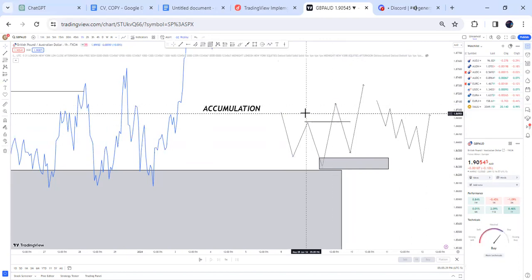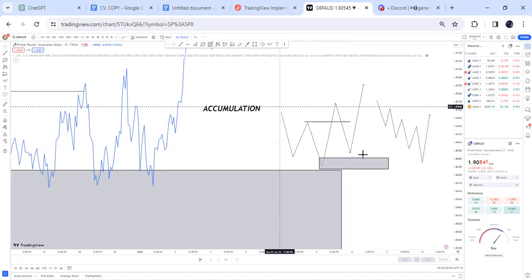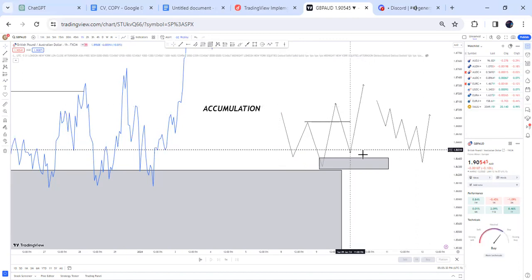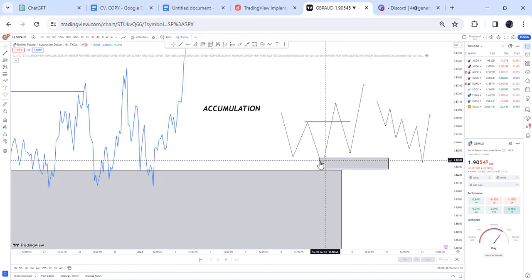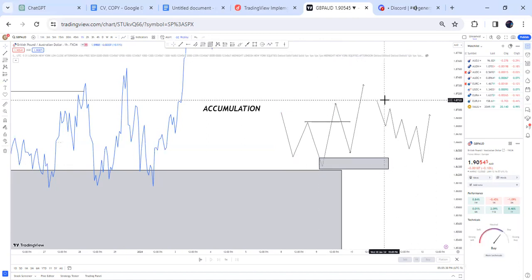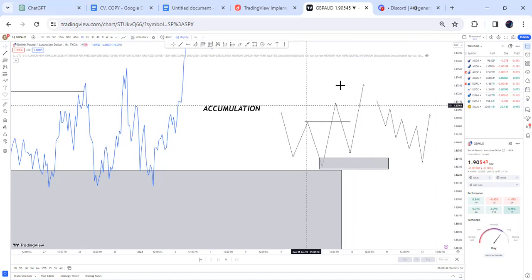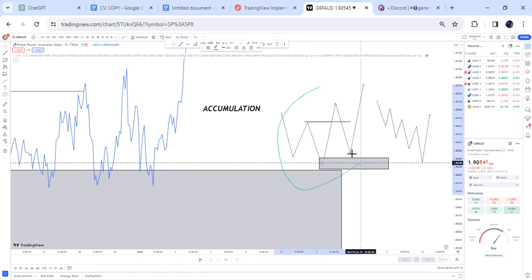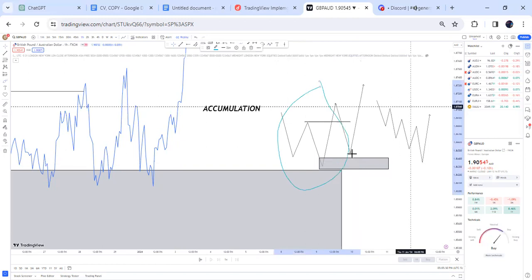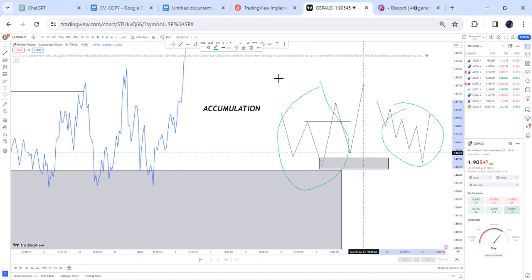So we want to see this accumulation happen again to now confirm to us that price is ready to move to the opposite direction or to continue the bullishness. So this is accumulation. This happening at this region is reaccumulation.